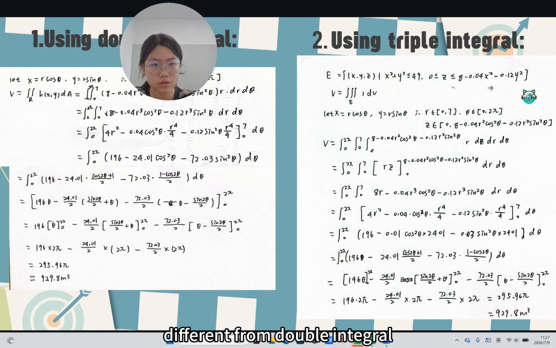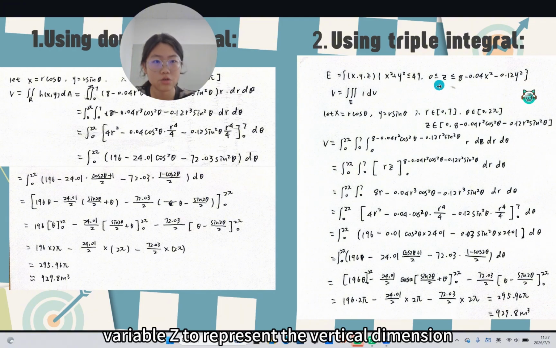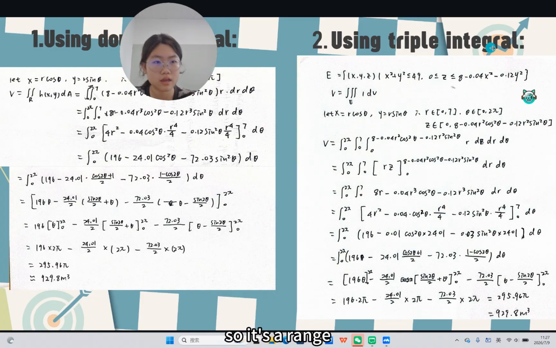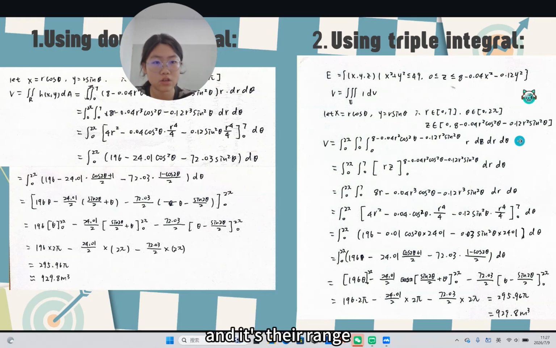Different from double integral, triple integral introduces an additional variable z to represent the vertical dimension. So this is its range. And same as using double integral, we use polar coordinates to simplify the calculation, and this is their range.